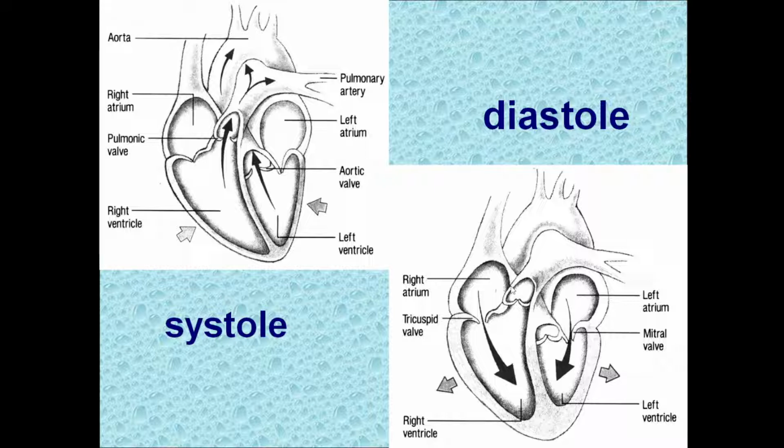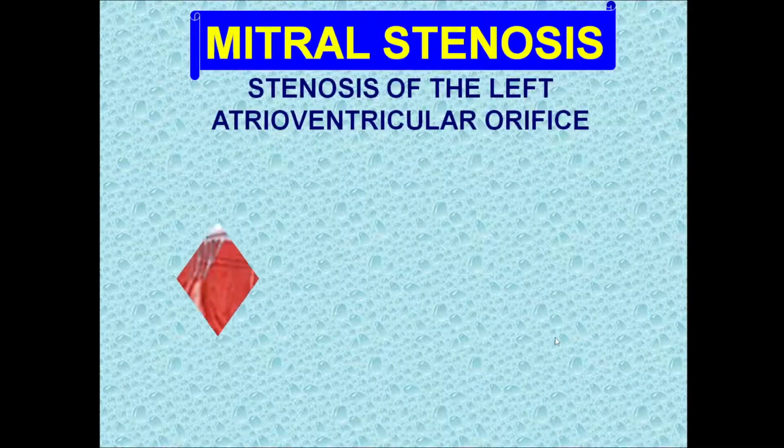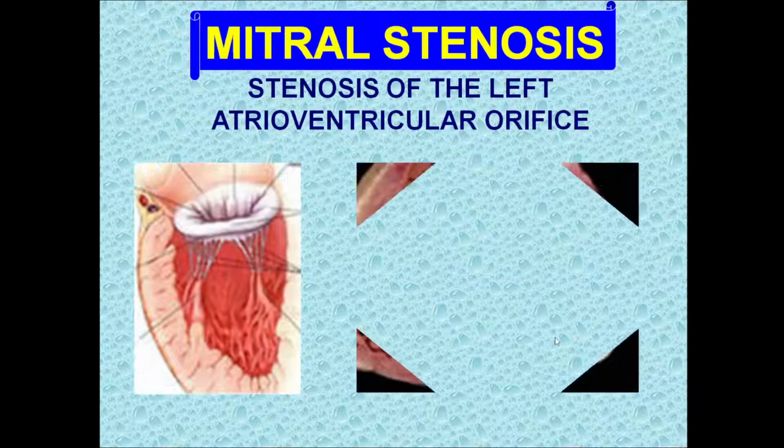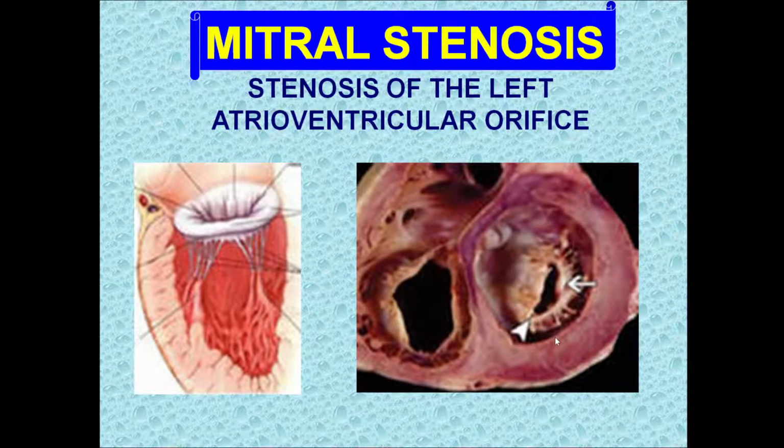During this period must be thought stenosis of the atrioventricular orifice or vessels, valve incompetence, or aortic or pulmonary trunk regurgitation.